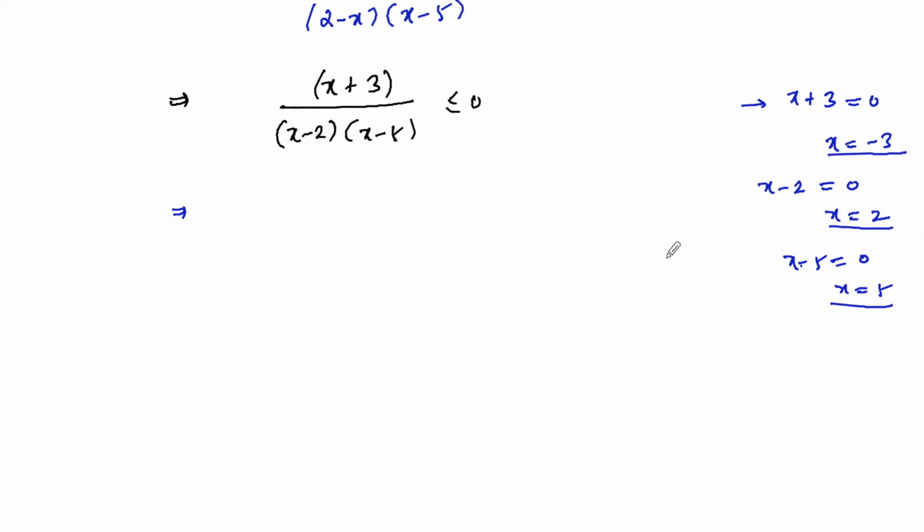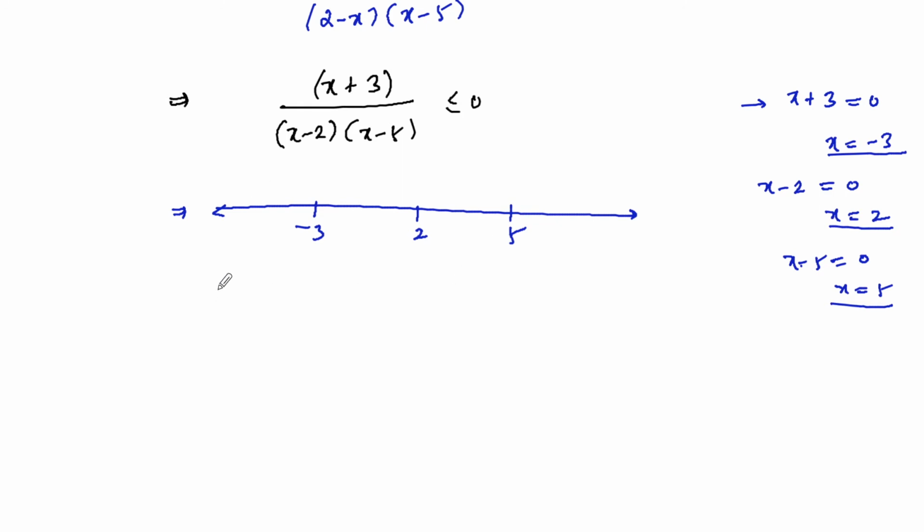So these are the factors, and these numbers will decide where the given function is positive and negative. So let's take the number line and mark these points in order: minus 3, 2 and 5. So it is divided into a total of 4 intervals.